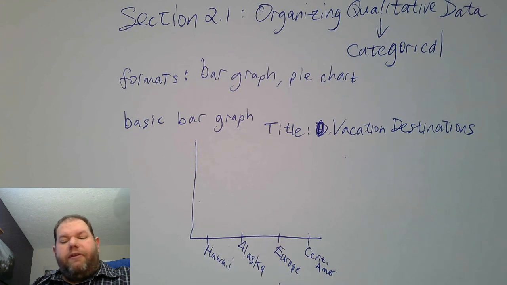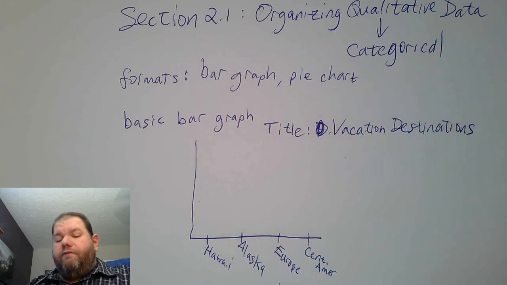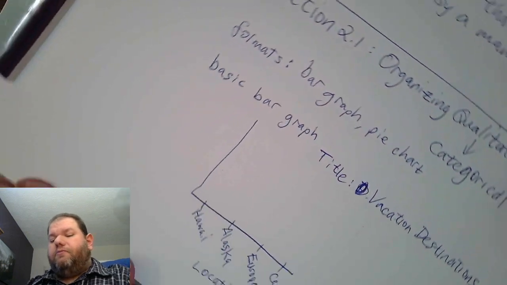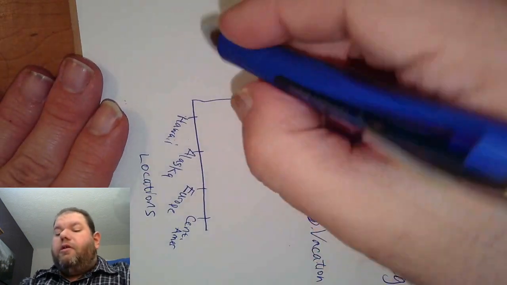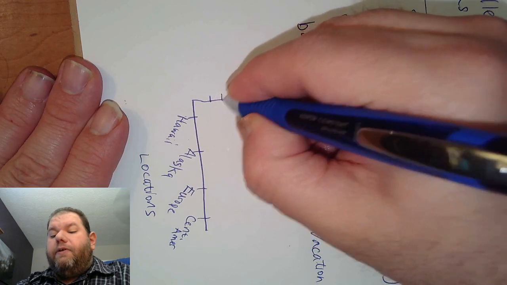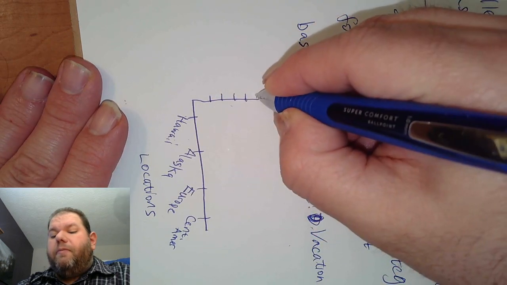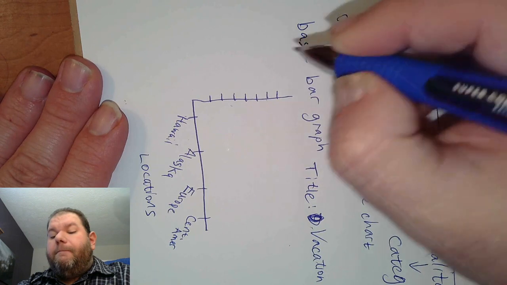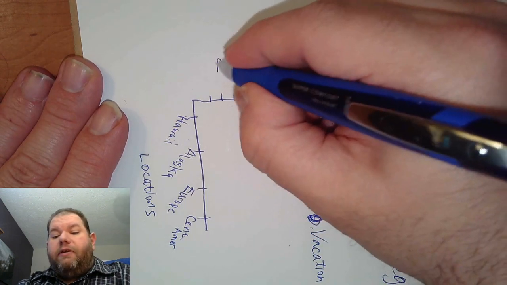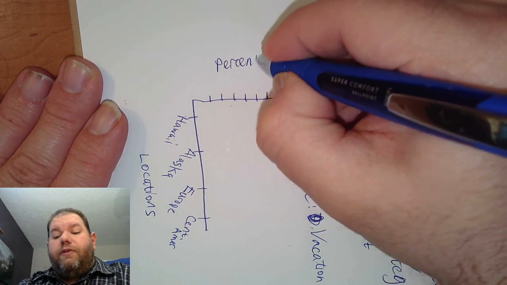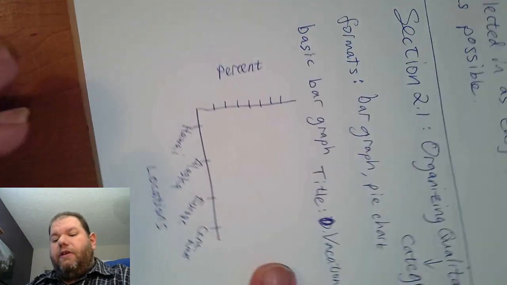We just want it relatively simple, but concisely convey what these represent relative to the research that we've done. Now, on this vertical side, we'll make some markings. And maybe this is the percent of people that chose these different locales.